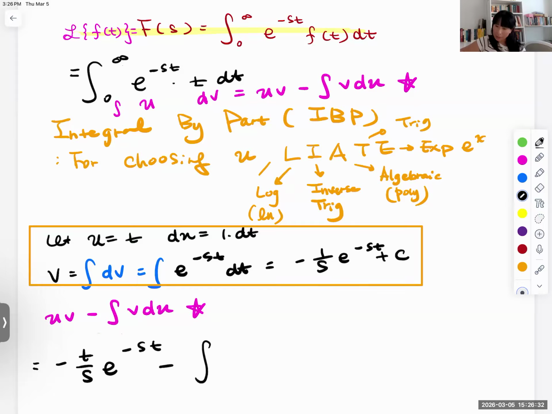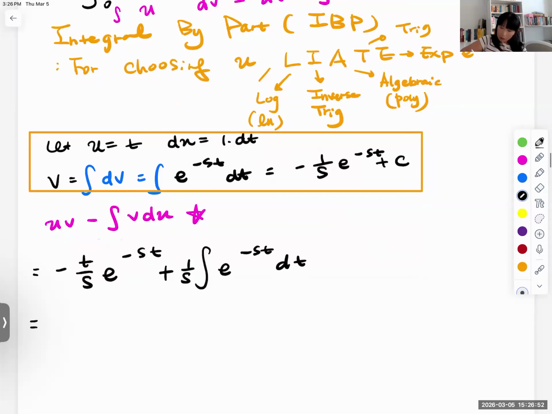the integral of v du, where v is negative 1 over s e to the negative st and du is 1 times dt. So we have minus t over s e to the negative st plus 1 over s times the integral of e to the negative st dt, plus c.